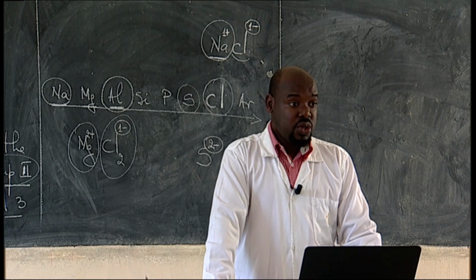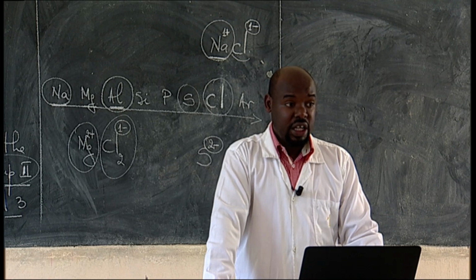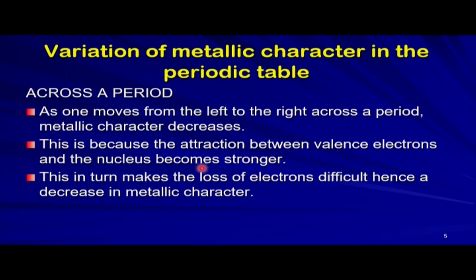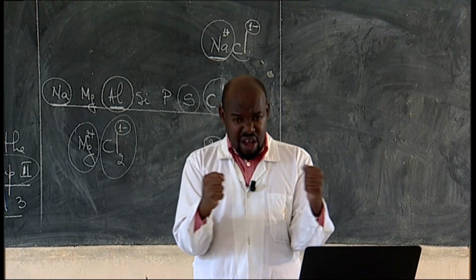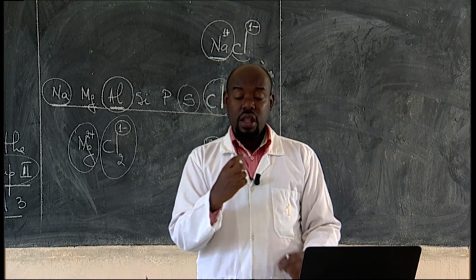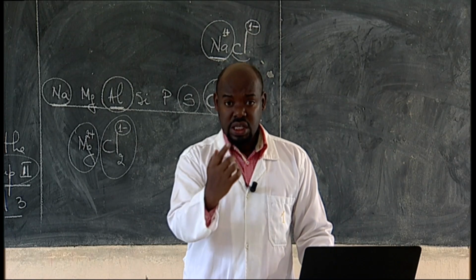This is because the attraction between valence electrons and the nucleus becomes stronger as you move across the period. And you can imagine what will be the consequence of that stronger attraction. If an electron is experiencing a very strong attraction, then it cannot be easily lost.